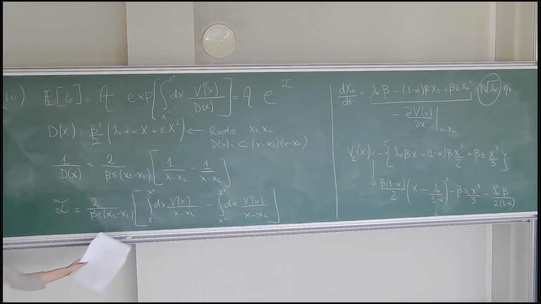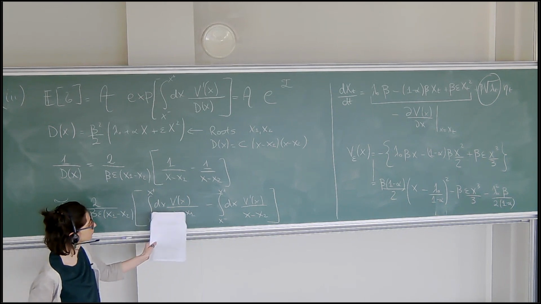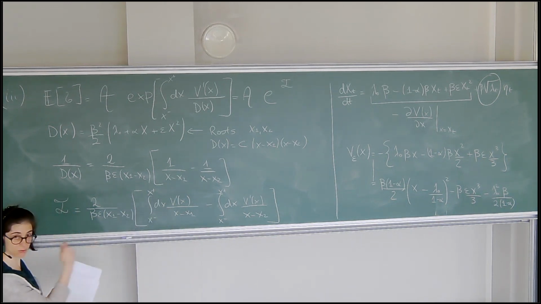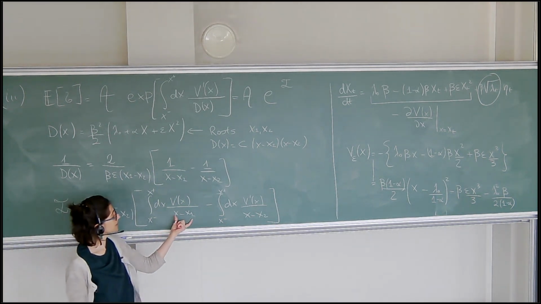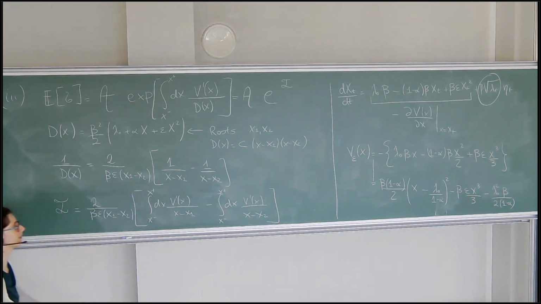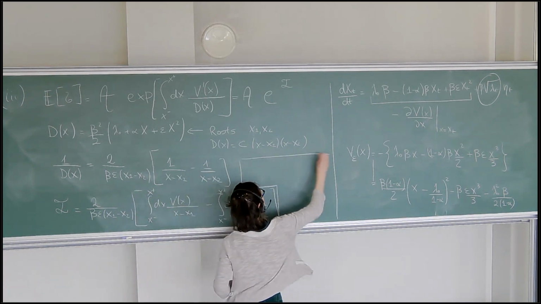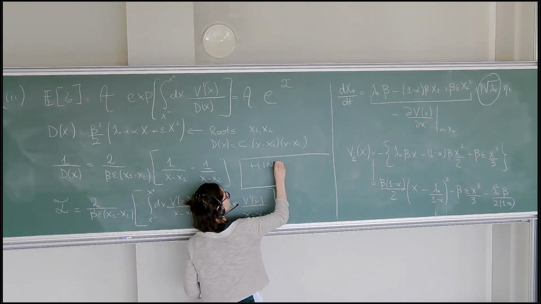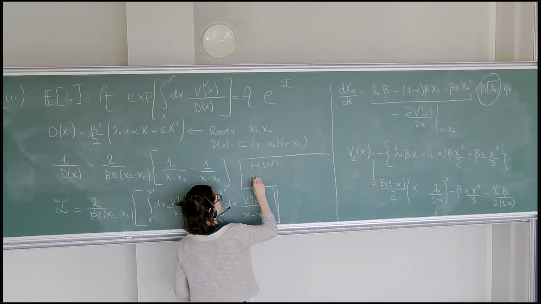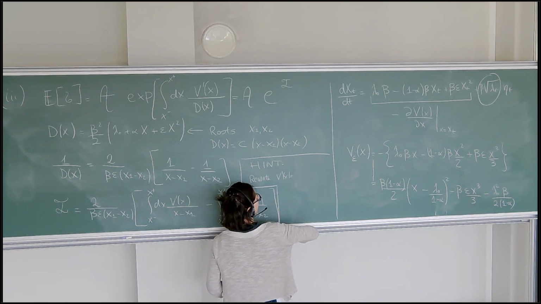Then what you have to check is that x1 and x2 are always smaller than x minus. So you see you have in principle a singularity, but this is outside the domain of integration. And then this integral is something that you can do quite easily. So now you have a quadratic form in the numerator, and that's just the hint for the math.